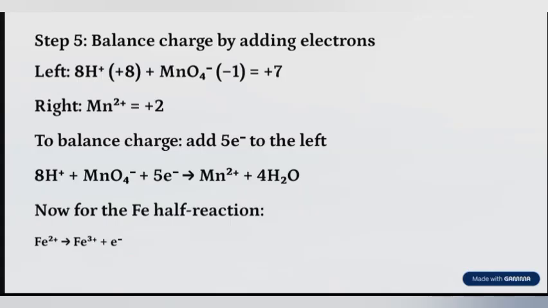Before you can join them together, you have to balance the electrons first, such that they are equal. The easiest way to balance the electron is to take the coefficient of electron on the left-hand side and multiply it by everything on the right-hand side, and take the coefficient of electron on the right-hand side and multiply it by everything on the left-hand side.